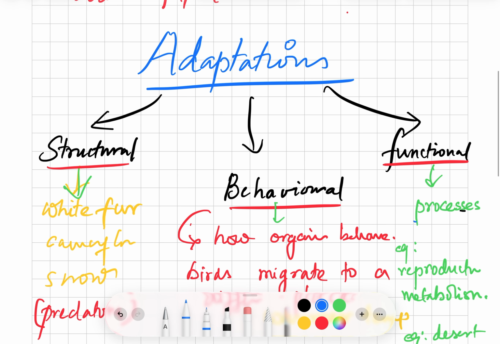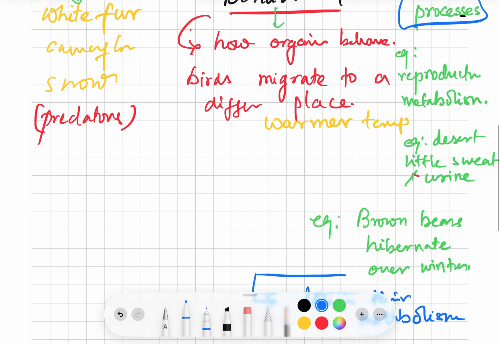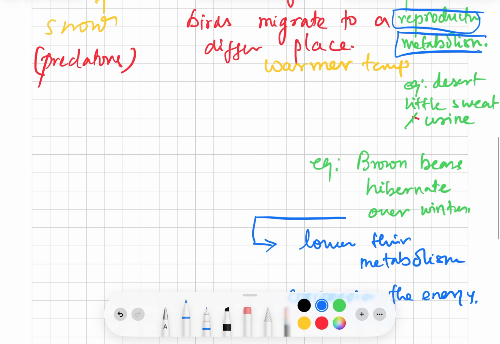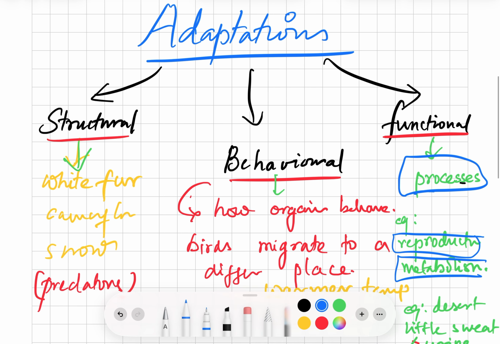You need to understand, you should be able to relate it. So the two processes we're talking about are metabolism and reproduction. When they lower the metabolism, they're basically conserving the energy. So they don't have to hunt when there's not much food around. Because it's winter, they can't actually hunt and they don't want to get tired and use up all that energy. So these are a few examples that you can easily remember.